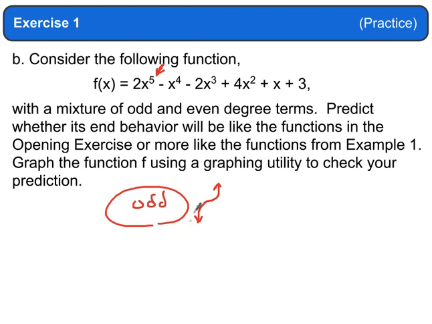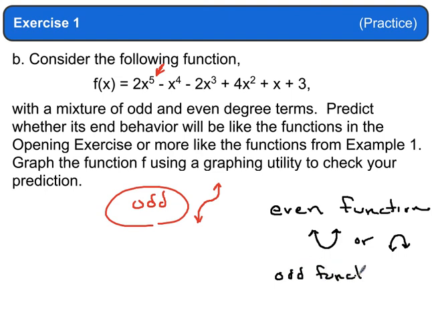The takeaway of this lesson, just to wrap it up, in case you're not sure what it is exactly we did, is we wanted to be able to acknowledge that there are something called even functions, which the endpoints go in the same direction, either both up or both down, or we have something called odd functions, where one end goes up and one end goes down, and then this could be reversed in the other direction as well. And so that's pretty much your large takeaway from today.